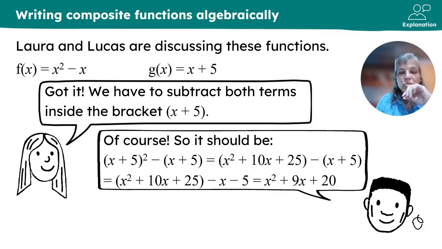And if you have 25 minus 5, I get positive 20, not positive 30. Hopefully that makes sense to you. You can have a look at it if it doesn't. And that is the correct answer. So you can simplify things or write a composite function algebraically, putting the 2 functions together.